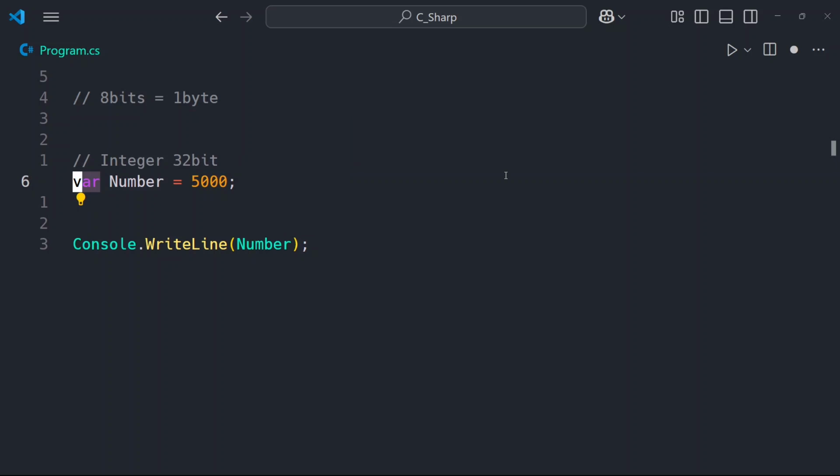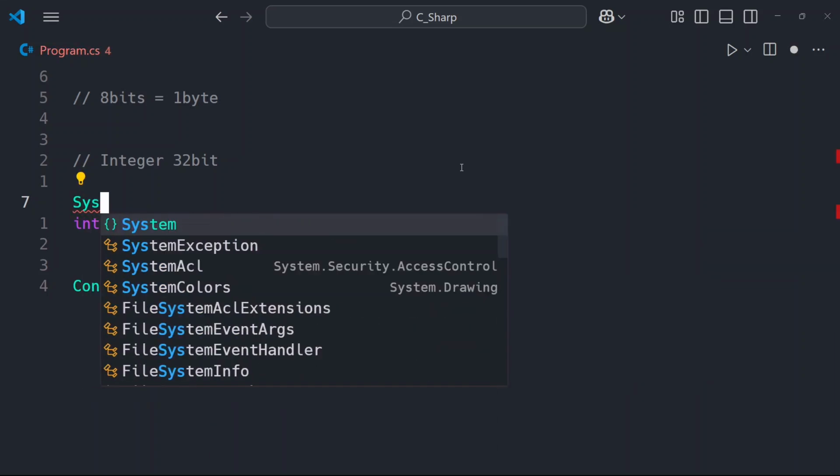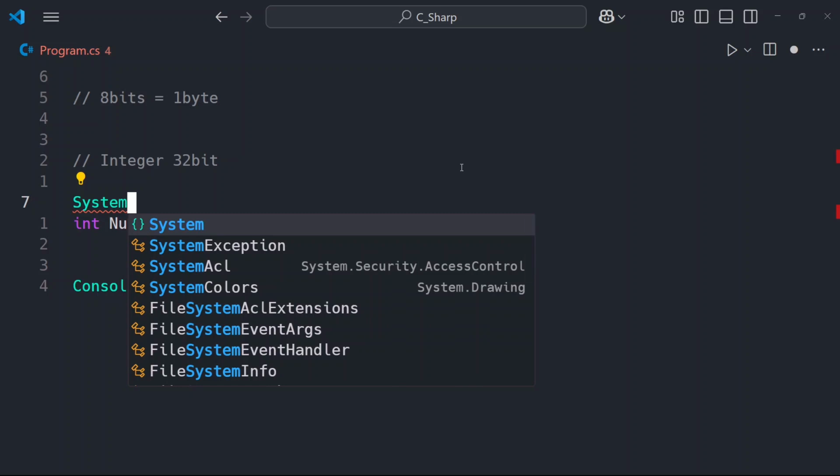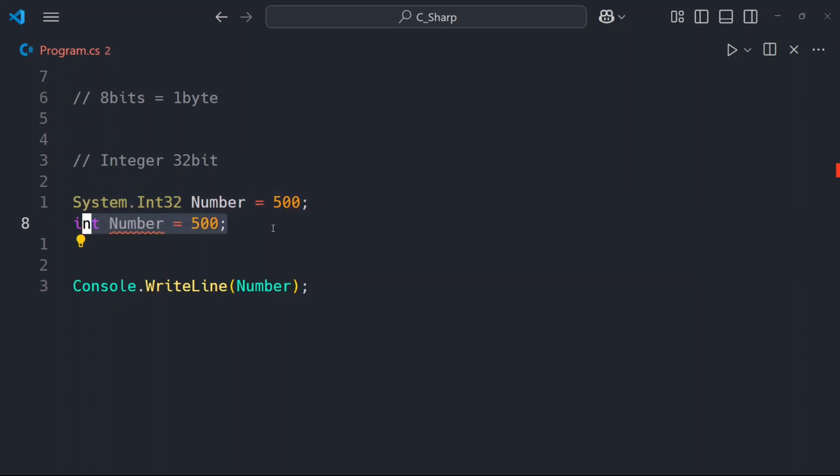So saying int number = 500 is the same thing as, when you run this application, the C# compiler replacing it with System.Int32 number = 500. Both of these are the same.